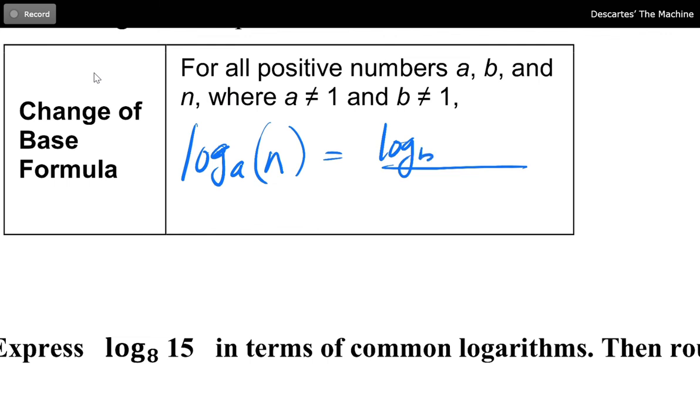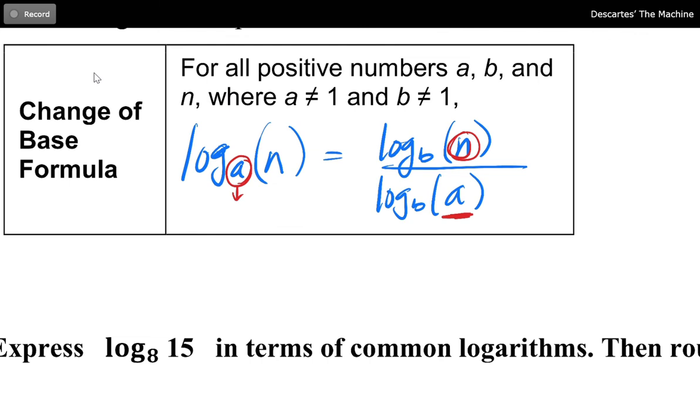Log base B, the new base, of n divided by log new base B of A. The thing to notice here is the A. The A is down low. The A has been dropped, it's the base, so that's the thing that goes underneath in the denominator. And then the n is the one that goes up here in the numerator. And notice my bases change from base A to both of these then being base B.